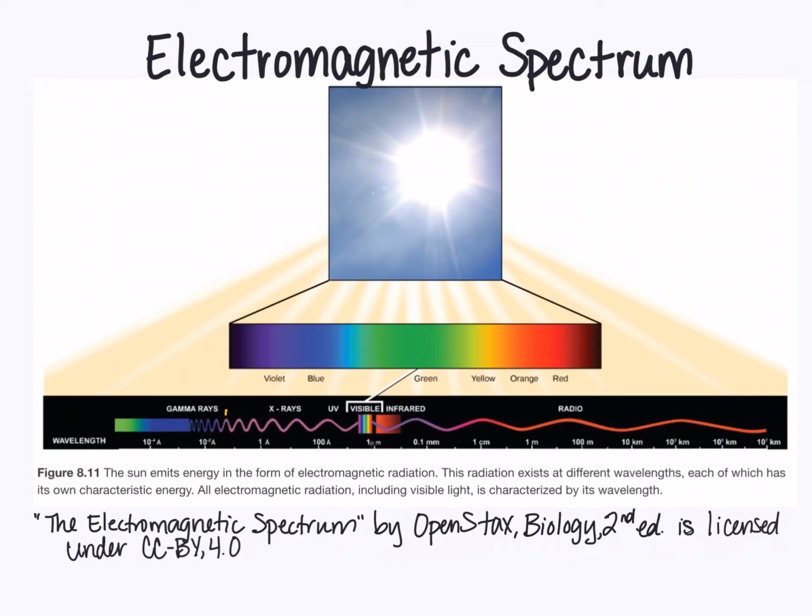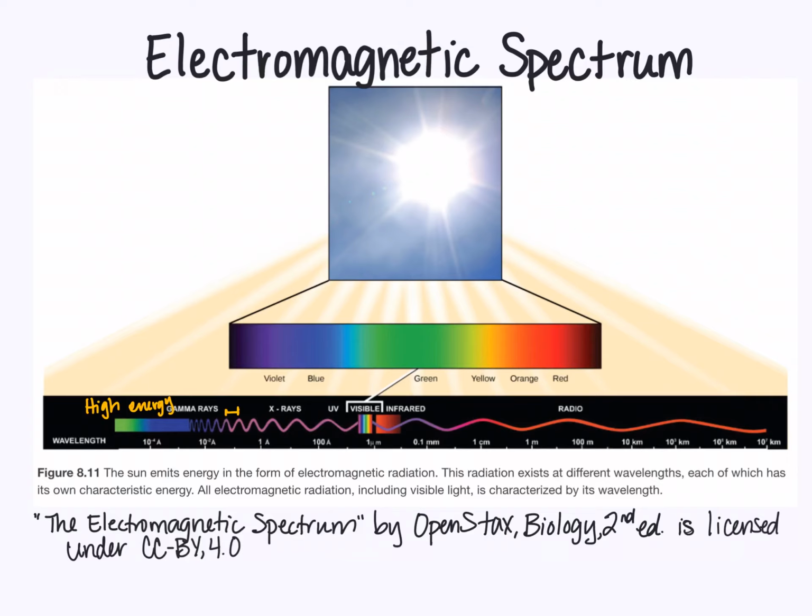So wavelength is just the length from one peak of a wave to the next peak. And you can see that at one end, we have really high energy gamma rays. Gamma rays are basically the type of radiation that can really give you radiation sickness and kill you.